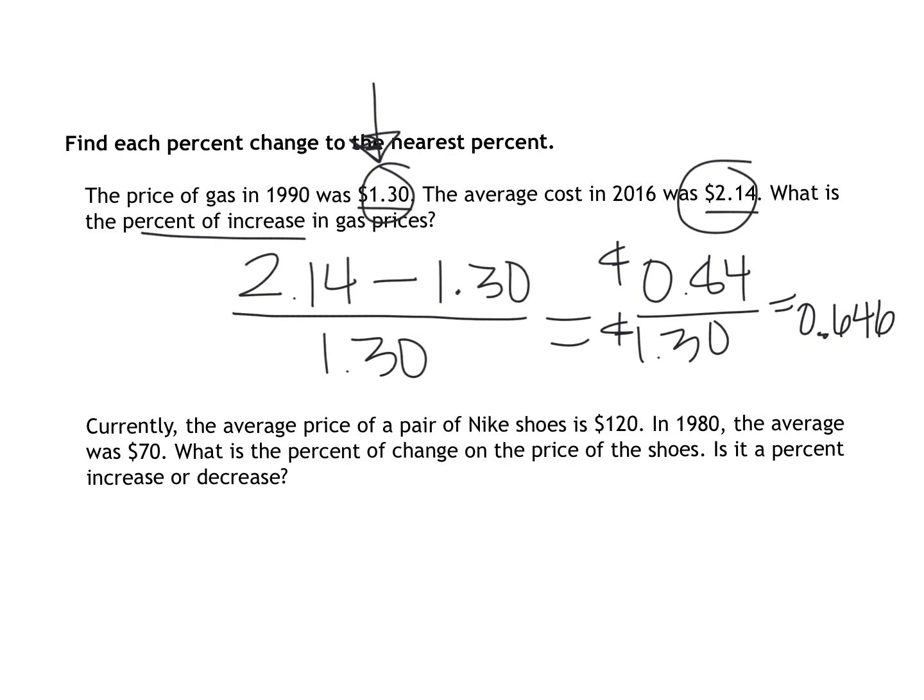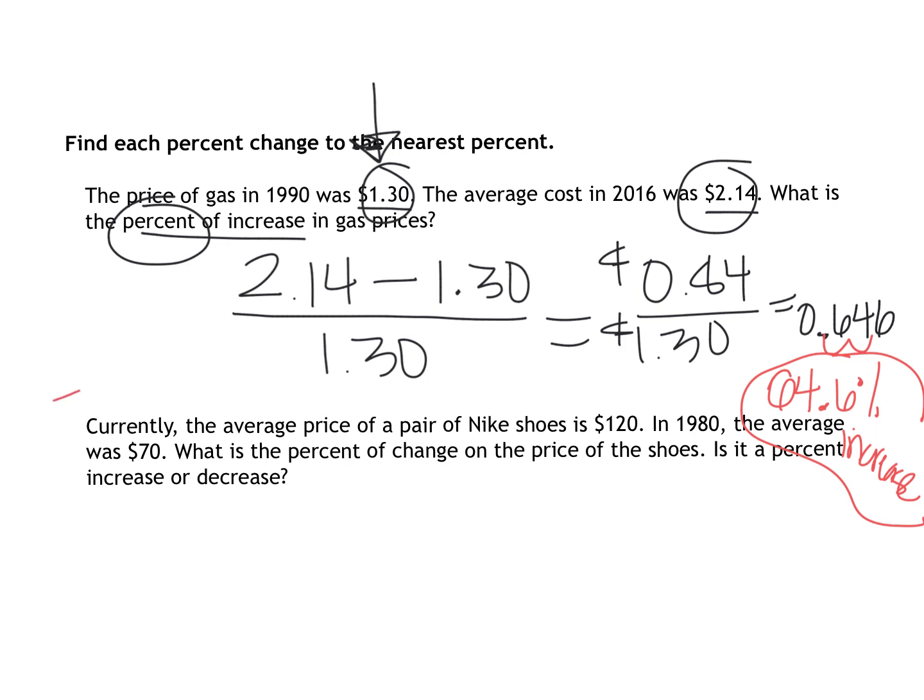I'm going to round it to my thousandths. Then it's a percent, so we need to change it to a percent. Remember, we go 2 to the right. So it's going to be 64.6, so 64 and 0.6%, and then we would say increase. Sorry, I ran out of room there.